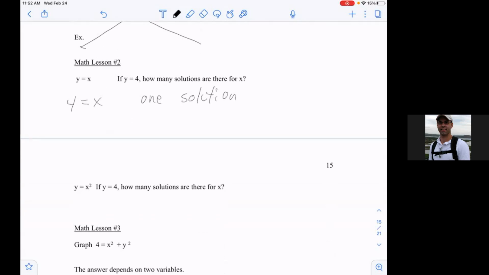How about for our next example there? y equals x squared. If y is 4, now how many answers are there? x could be 2 or -2.